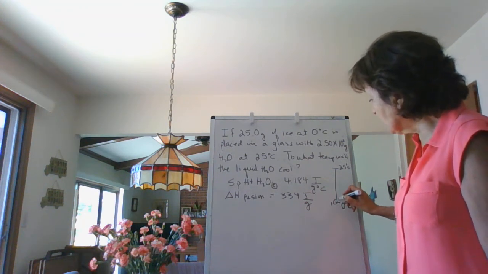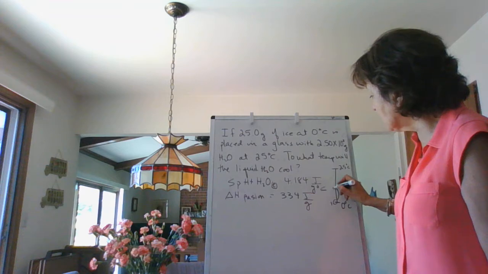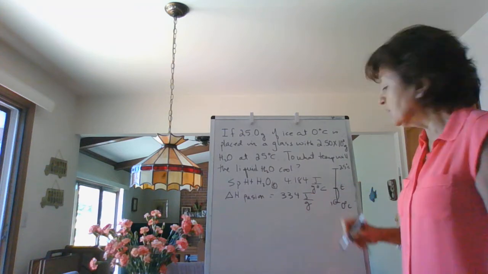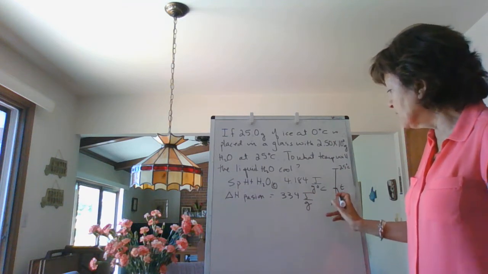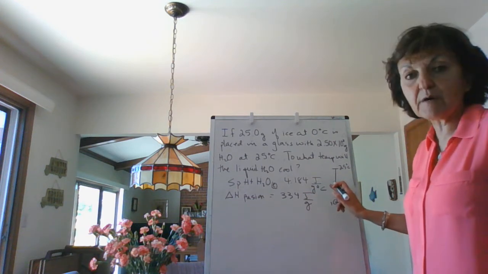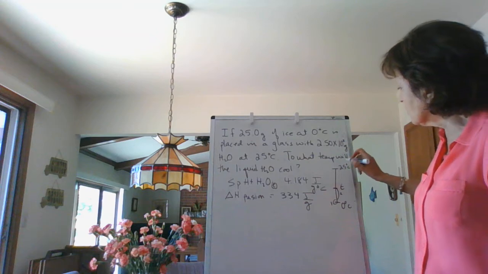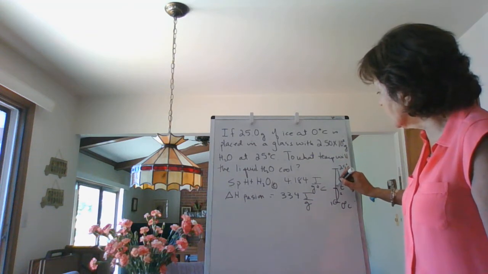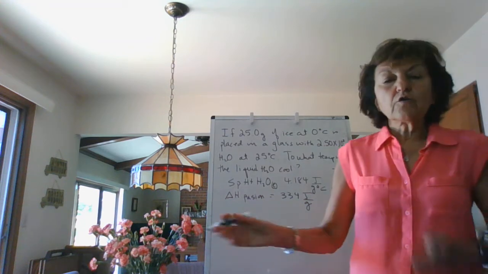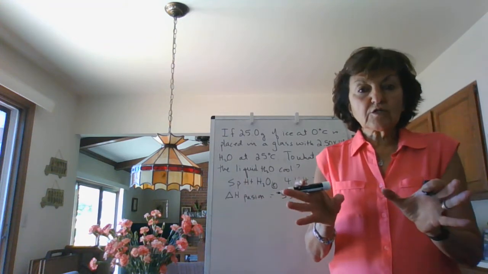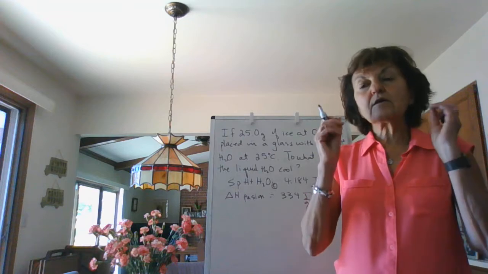And then you have to go from 0 all the way to some unknown temperature, T. So you have two steps for the ice, melting and then going up to some unknown temperature. The water, on the other hand, all it has to do is go down to this temperature, okay? So you make the two equations equal to each other and you solve for T.